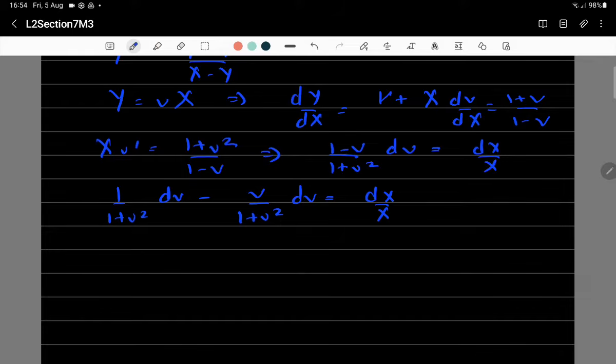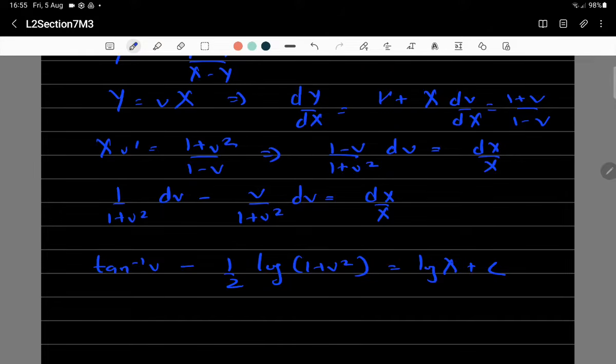So first term is tan inverse v if you integrate both the sides. For the second term, recall that you must substitute 1 plus v square is equal to t, that gives you 2v dv is equal to dt, or v dv is equal to 1 by 2 dt. So this becomes the integration of 1 by 2t dt, that gives you minus 1 by 2 log t, and the right hand side is log x plus c.